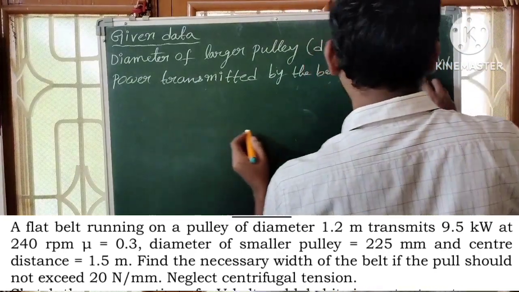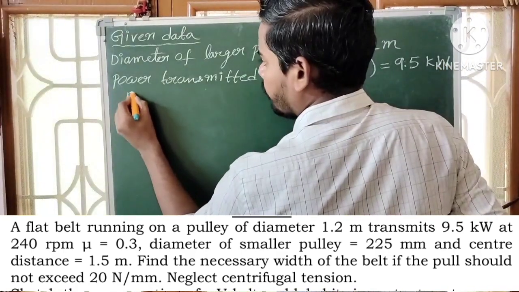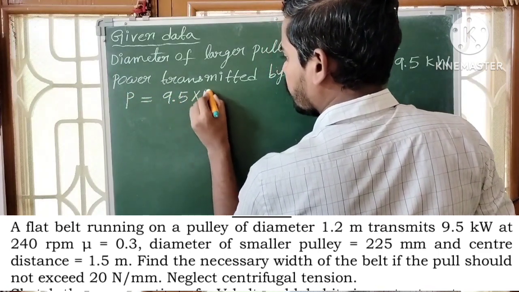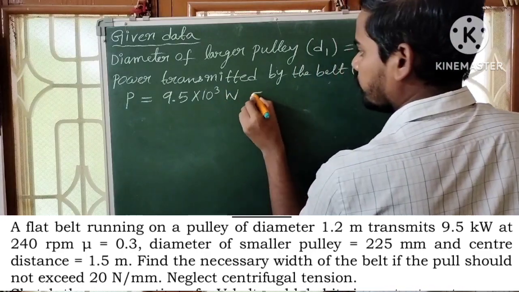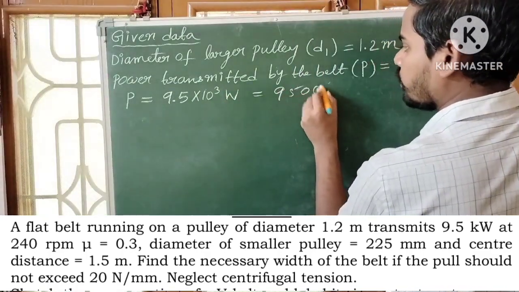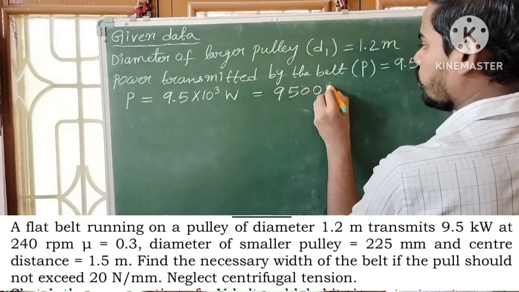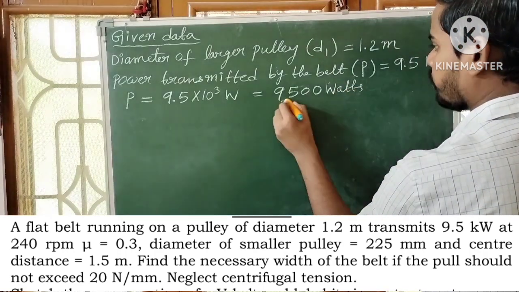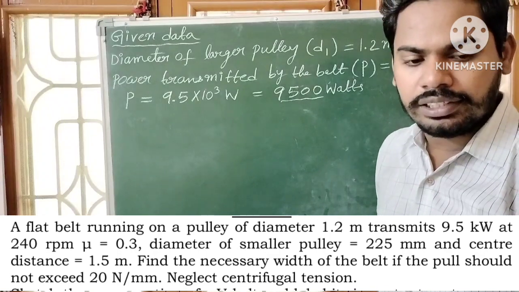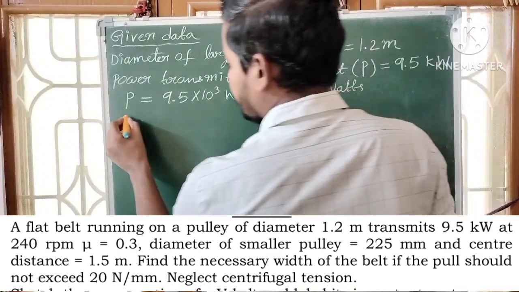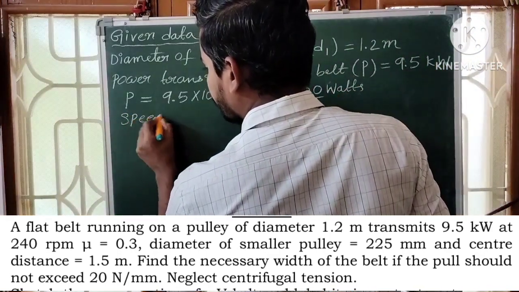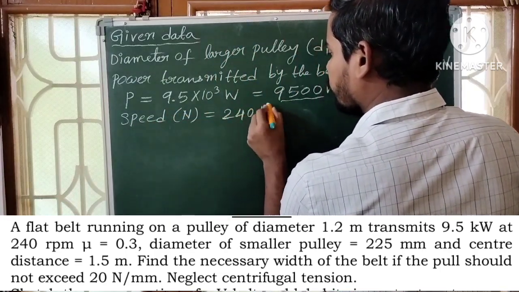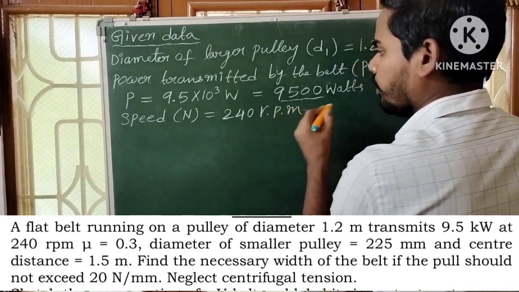Kilo means 1000, so P is equal to 9.5 into 10 cube watts, which gives 9500 watts. This much power is transmitted by the belt. Next, given speed N is equal to 240 rpm, revolutions per minute.